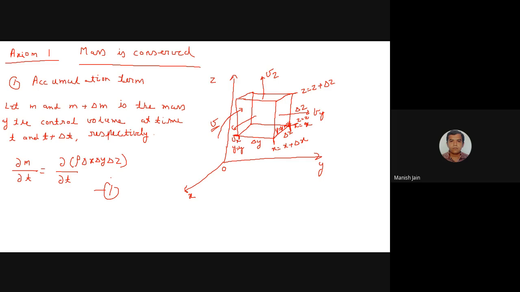Okay, so the second is the net rate of change of mass. So net rate of change of mass is equal to input minus output. Okay, so on each surface we have to write the equation.